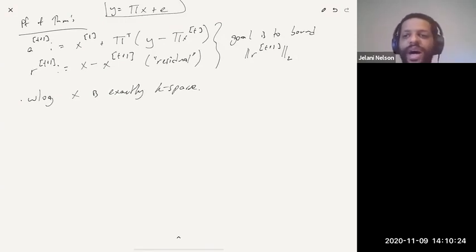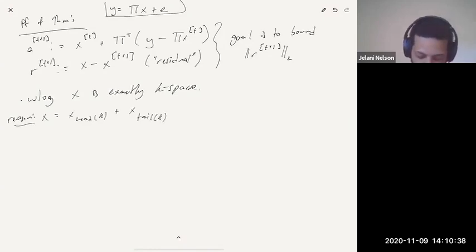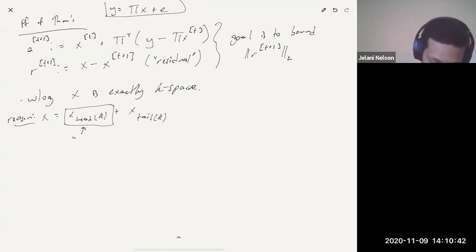Why is that? Because now that we have post-measurement noise, I can write x as x head k plus x tail k. I'll pretend this is really x, and this is something else.